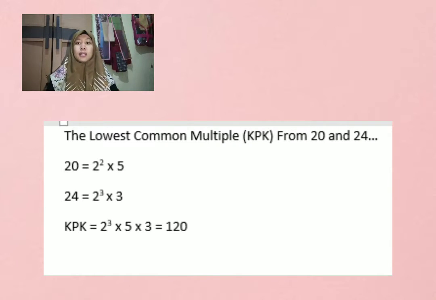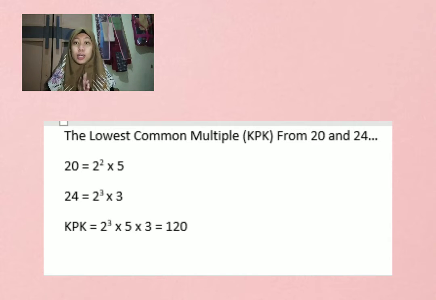First, about lowest common multiple and highest common factor or KPK and FKB. The first question is find the lowest common multiple or KPK of 20 and 24.